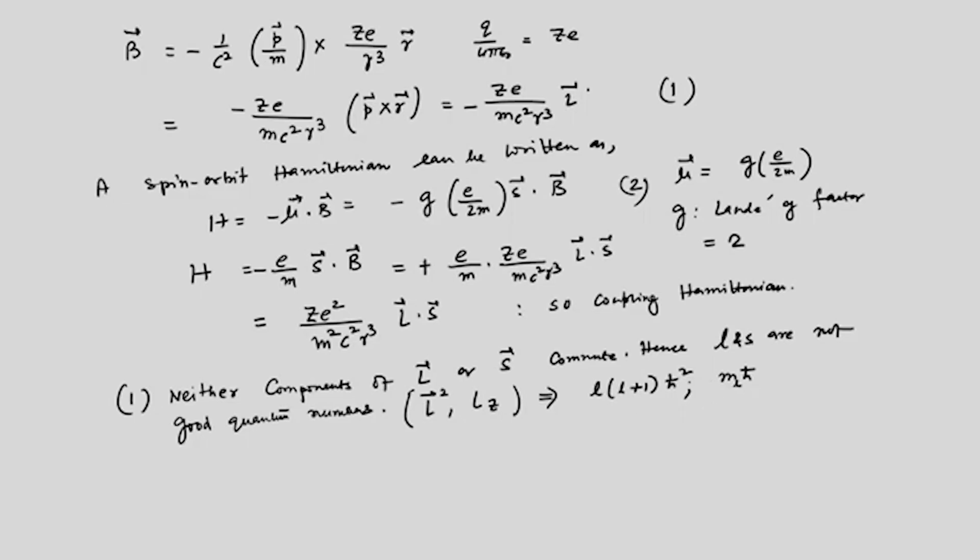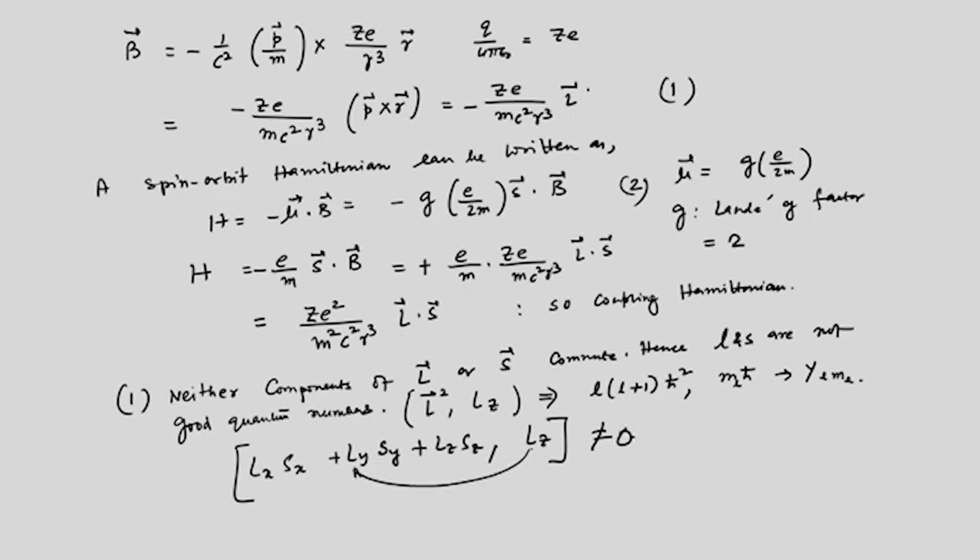So, these were taken as the good quantum numbers, and the eigenfunctions were Y, l, m, let us write it as l. And now, if this Lx and Sx, these Hamiltonian would involve Lx Sx plus Ly Sy plus Lz Sz. Now, this term will not commute with Lz, and the reason is that Lz will not commute with either Ly or Lx.